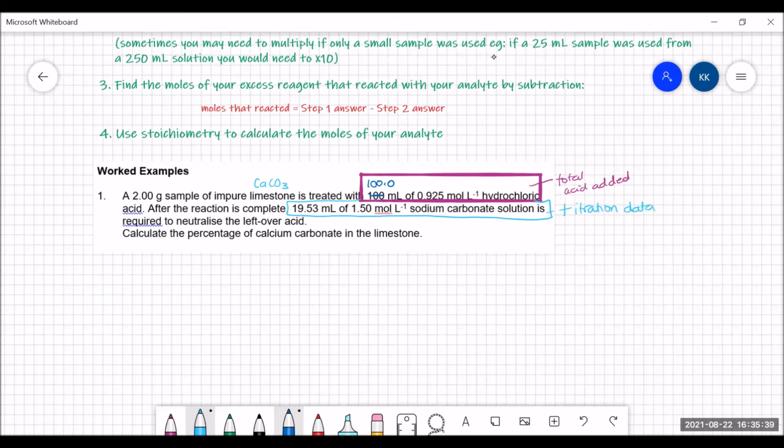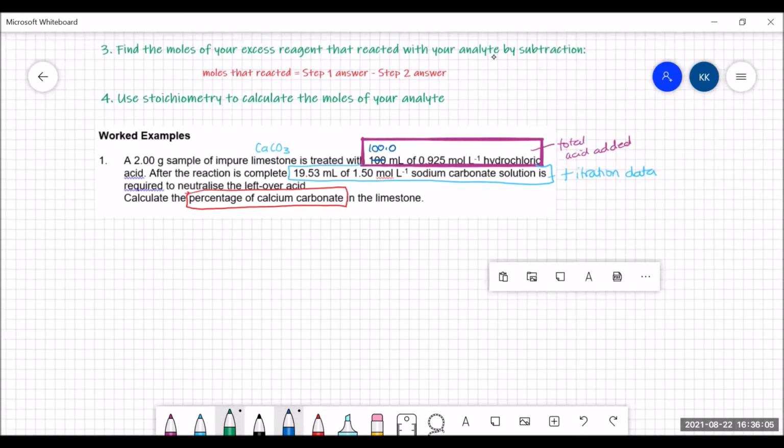So when you come to do the step about the titration, you have that data already separated out. And what we're actually trying to find in this is the percentage of calcium carbonate. It's also useful to remember what you're trying to find out. So if you highlight the question with those things, then you won't get mucked up when you're doing your calculation.